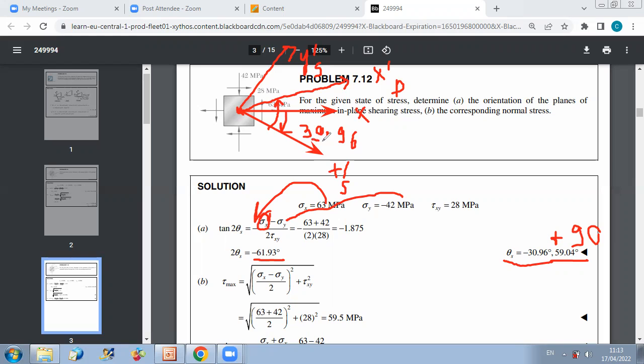Because this is 30.86, this will be 45 minus 30.86. And I can now deduce y prime principal, which is perpendicular to x prime principal. So this is how, once you determine the orientation of maximum shear, you can deduce the orientation of maximum normal stress.